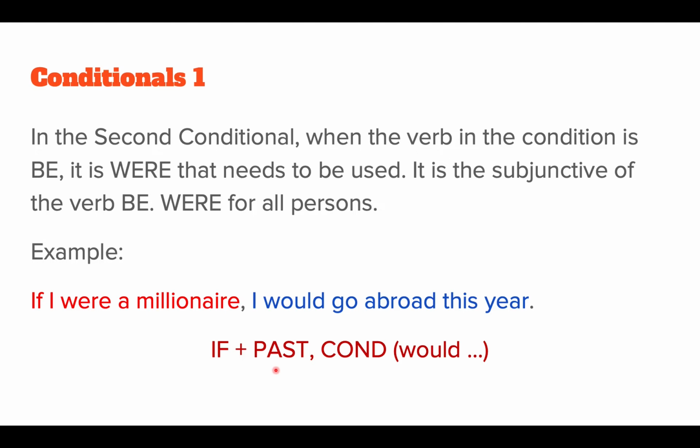And in what used to be called British English, it's different, right? In American English it is were for everybody, but in British English you can use the past of the verb be, right? If I was, if he was, if she was, if they were, normally, right? The only exception, the only thing you need to pay attention to, is that you can use were for those that normally the past would be was.